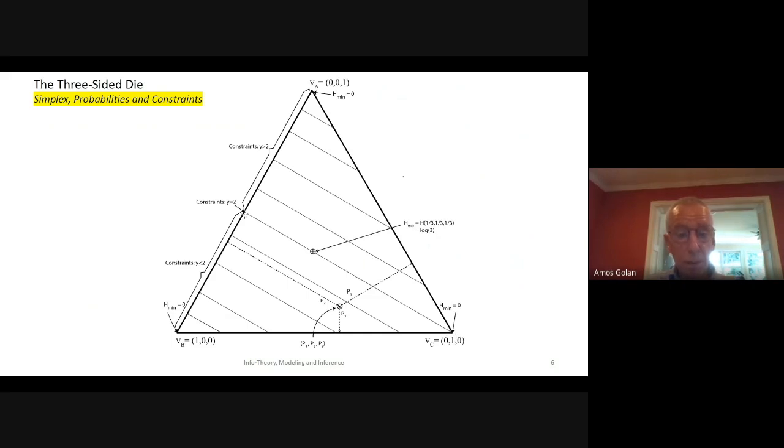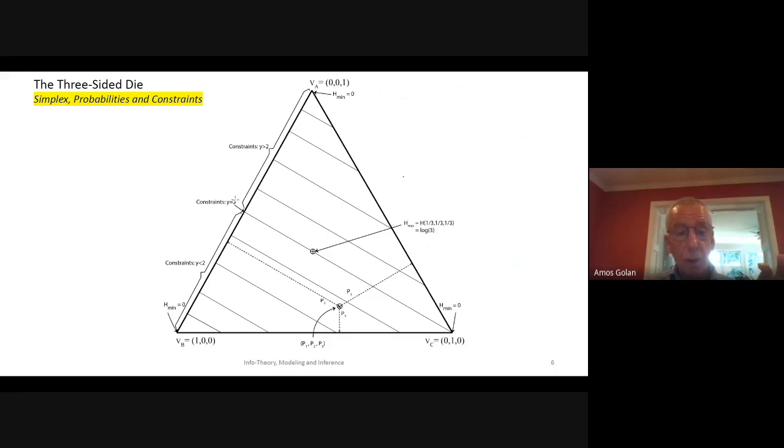At this point here, remember, over this boundary line of the simplex, all of P2 must be exactly 0. So here we have P1 equals 1/2, P3 equals 1/2. So the mean value has to be exactly 2, correct? 1/2 times 1 plus 1/2 times 3 gives us exactly 2.